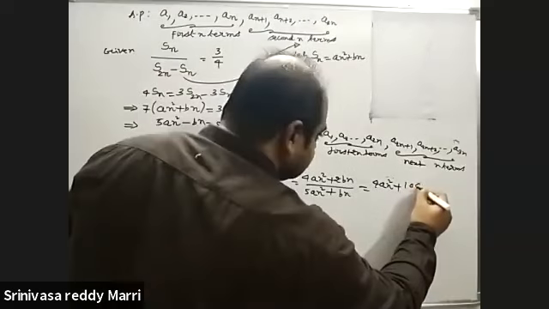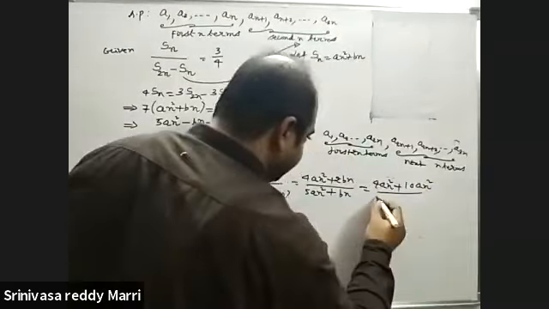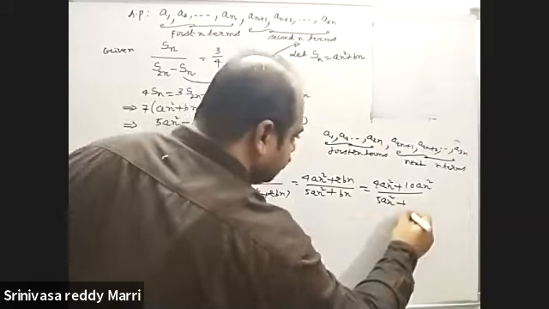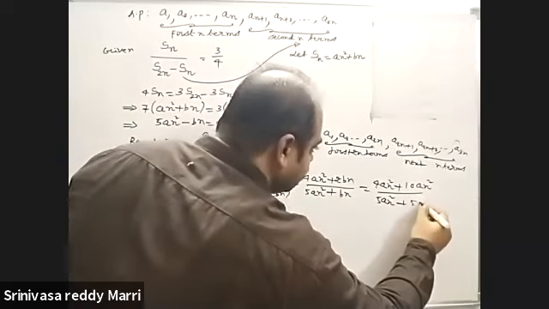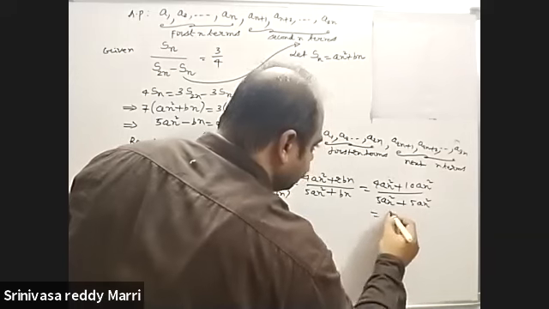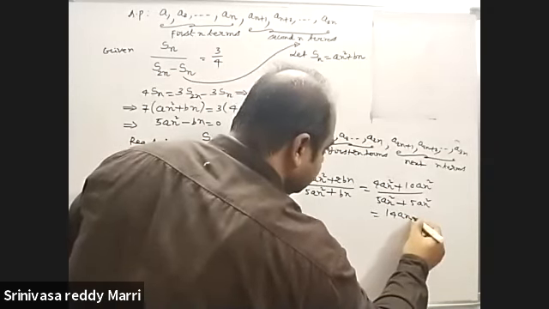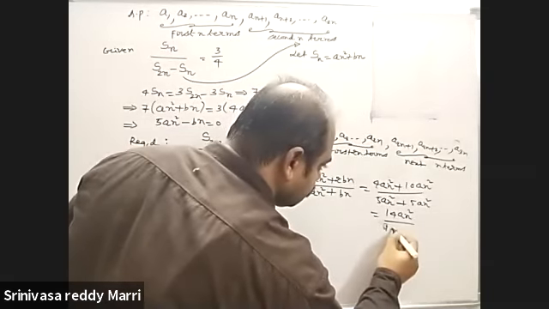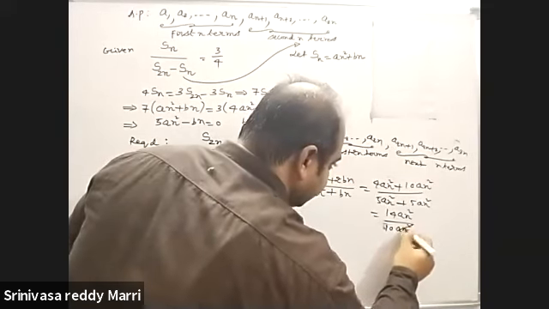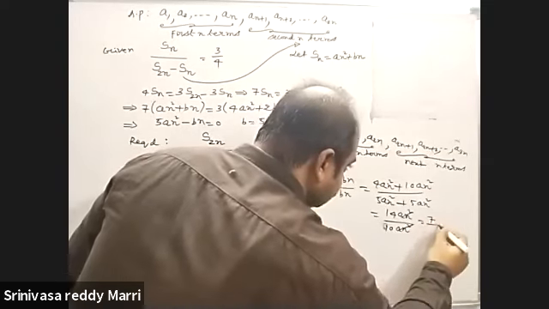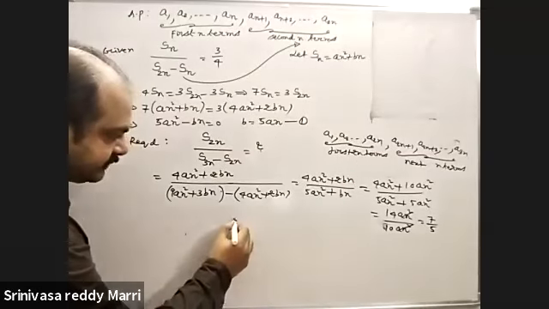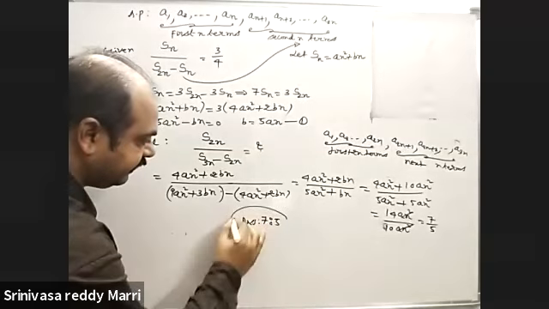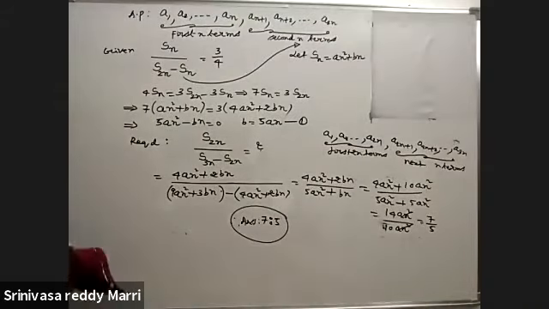That means the numerator is 10An square, divided by 5An square plus 5An square, which is 14An square over 10An square. An square cancels. 2 sevens, 2 fives. Therefore, the answer is 7 is to 5.